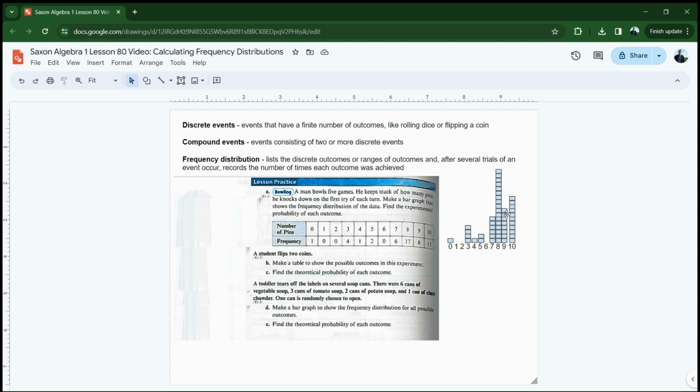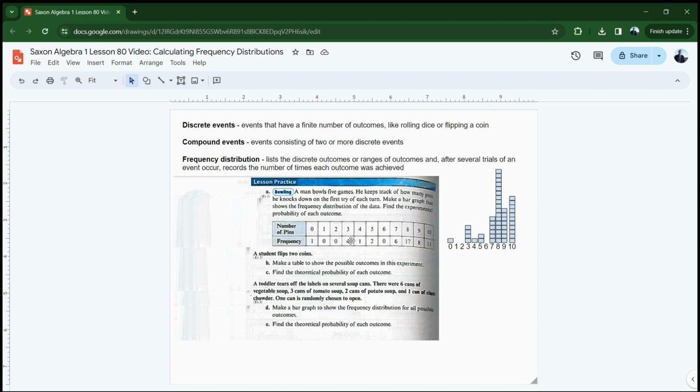Now, find the experimental probability of each outcome. First of all, for probabilities, how many total trials were there? This frequency tells us how many of each different outcome we got. So there was 1, 0, 4 threes. What if I add these all up?